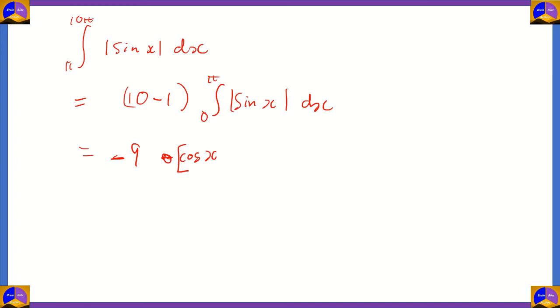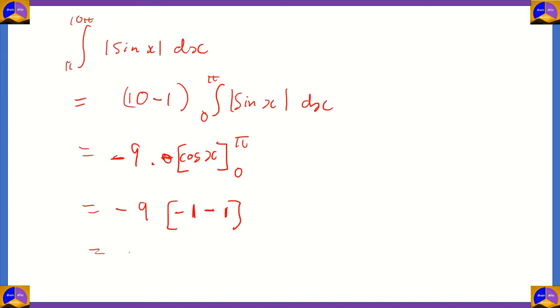So minus 9 into the integral of sine x, which is cos x. The integral of sine x is actually minus cos x. The minus is taken out, and it's taken over the interval 0 to pi. So cos of pi is minus 1, and then you have an automatic minus, and then cos of 0, the value is 1.